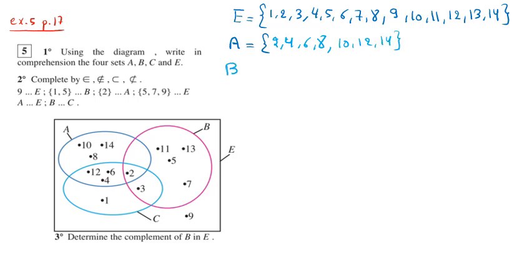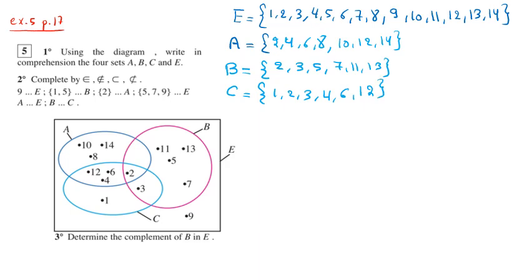Set B contains 2, 3, 5, 7, 11, and 13. And finally, set C contains 1, 2, 3, 4, 6, and 12.